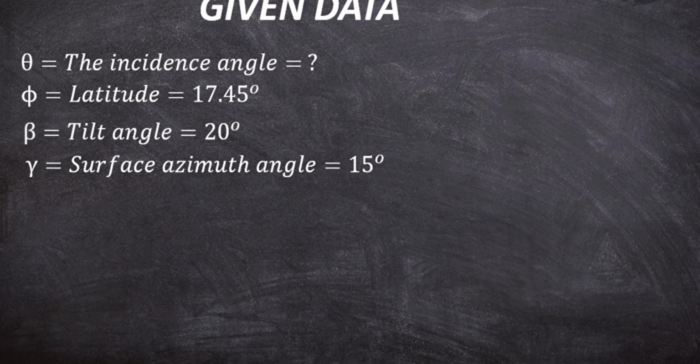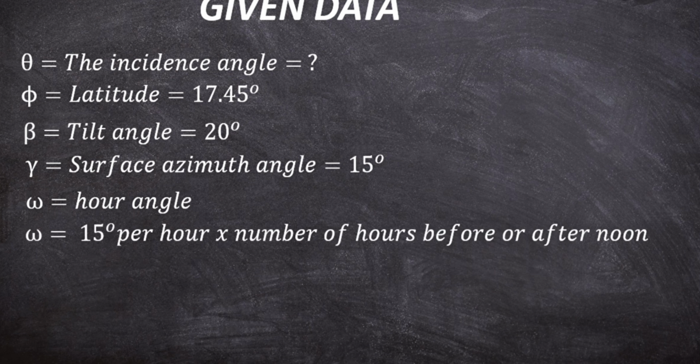So in this scenario, our hour angle will be calculated as 15 multiplied by the number of hours before noon. Because it's 10:30 a.m., the number of hours before noon will be 1.5. So our hour angle, omega, will be equal to negative 1.5 multiplied by 15, which is equal to negative 22.5 degrees.